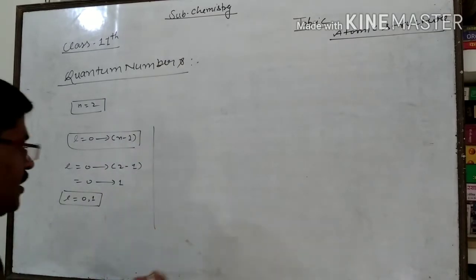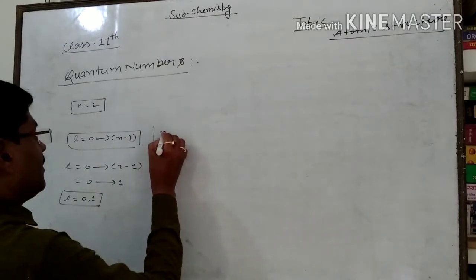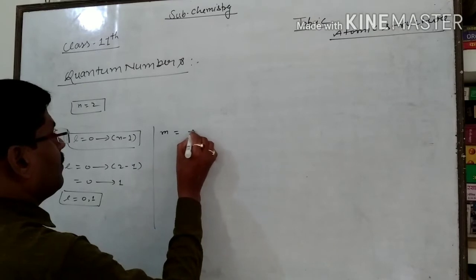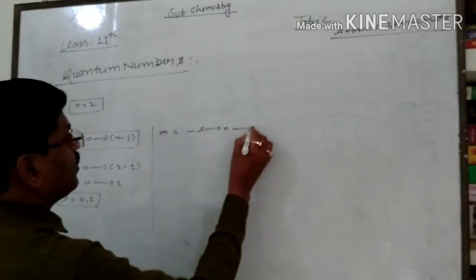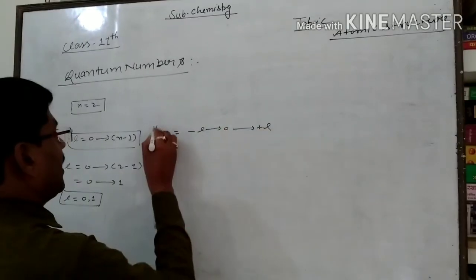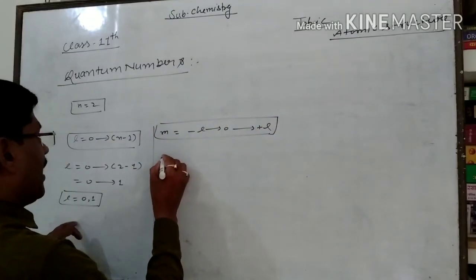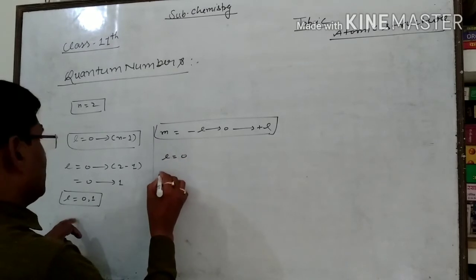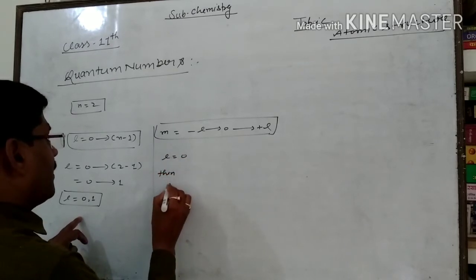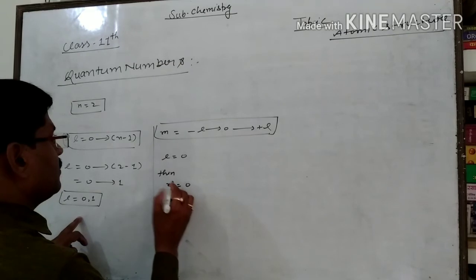After that, the magnetic quantum number m, as you know, minus l to 0, 0 to plus l. By using this formula, first of all I have to take l is equal to 0, then m is equal to 0.